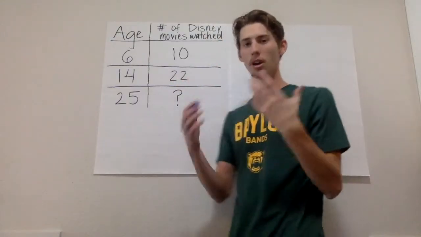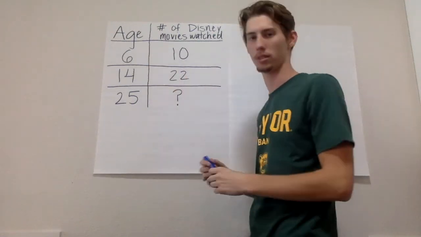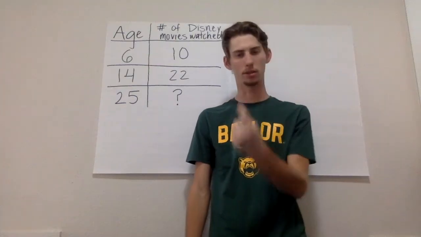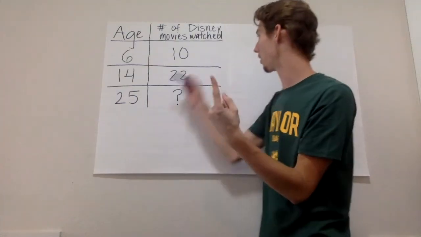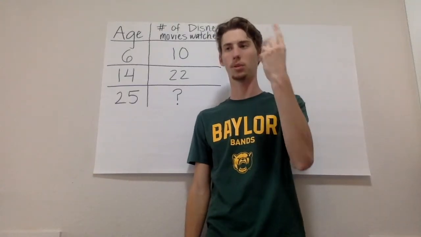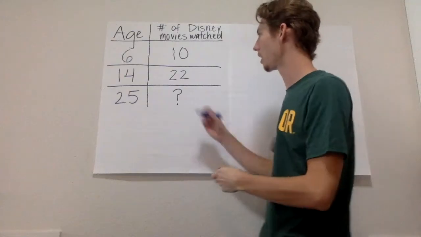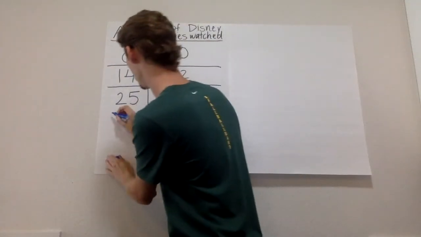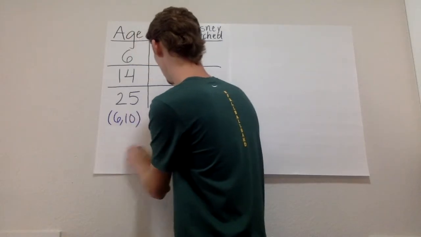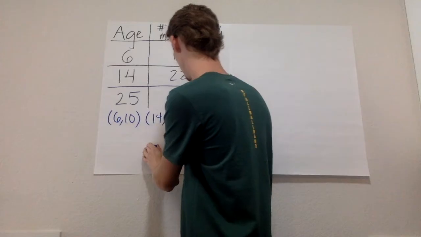So what we've got here is a table of x and y values, essentially. Now all we've got to do is figure out our 2 things. We need a point, and we've actually got 2 points here, so that's done. And then we need to figure out our slope. We've talked about a couple different strategies for that. You could pull these 2 points and write them as 6, 10, and 14, 22.